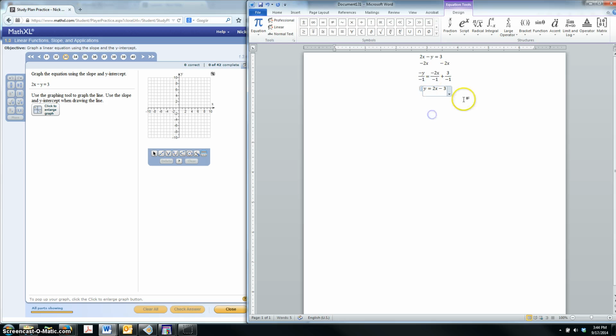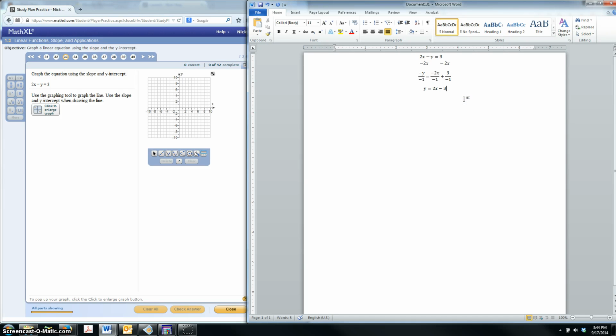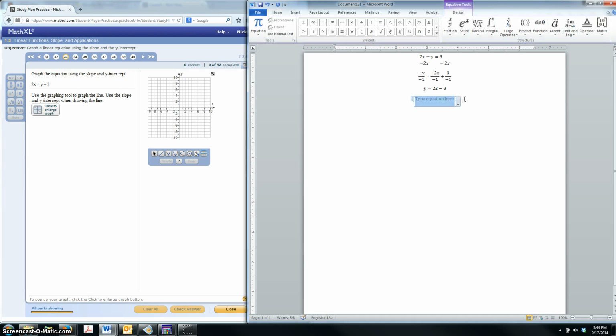So there's our equation. After we solve for y, we know that the slope of this line is 2, or 2 over 1. The 2 on top means we rise up 2 places, and the 1 on the bottom means we run right 1 place.